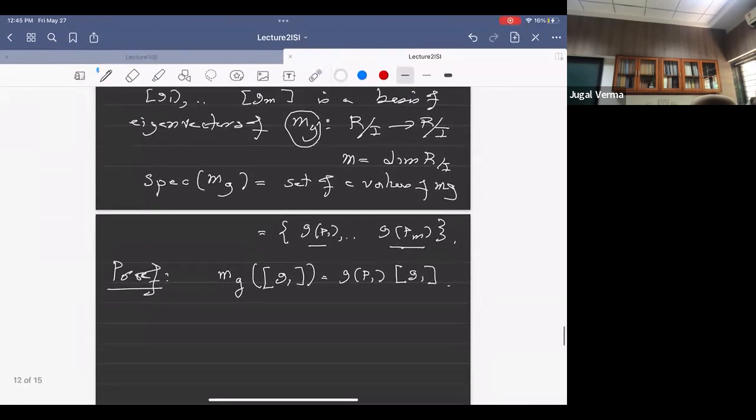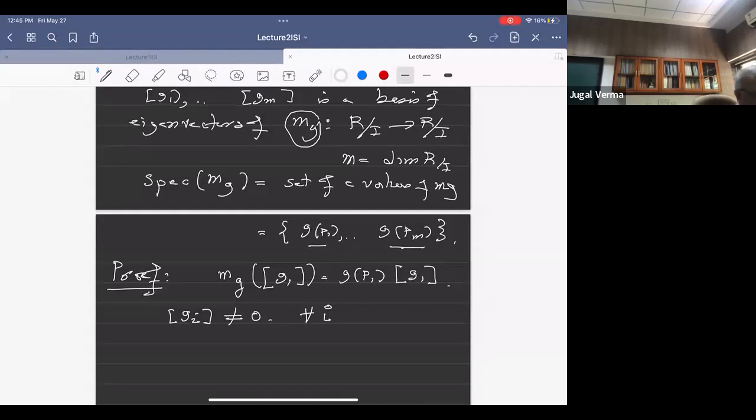Now observe that the residue class of gi is not zero for all i. Only non-zero vectors are eigenvectors. So we need to first observe that the residue class of any Lagrange interpolation polynomial is non-zero.